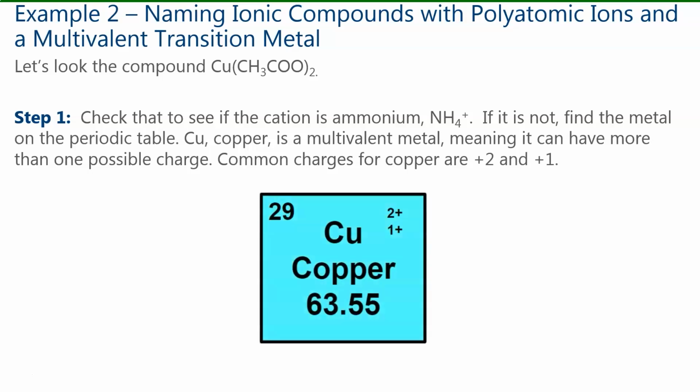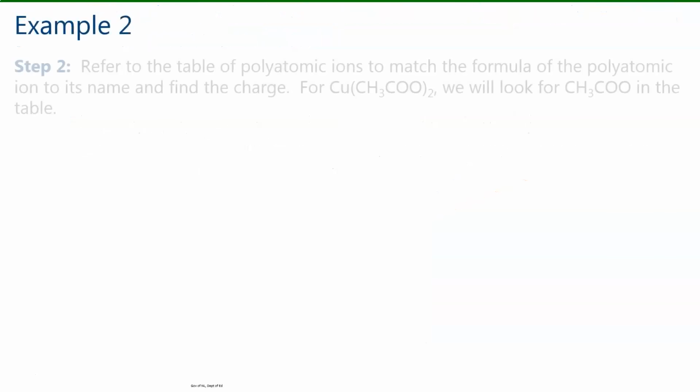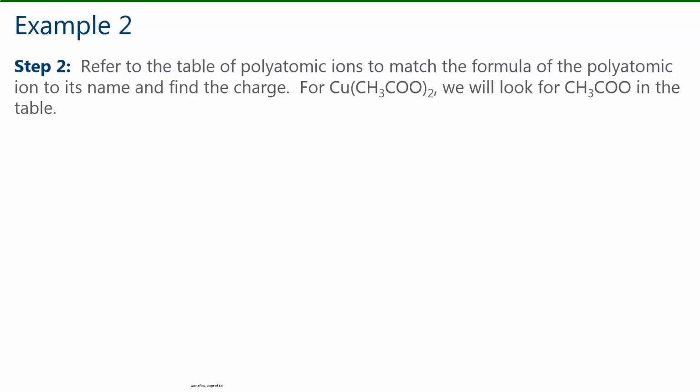Cu, copper, is a multivalent metal, meaning it can have more than one possible charge. When we look on the periodic table with ionic charges listed, we see that the common charges for copper are +2 and +1.